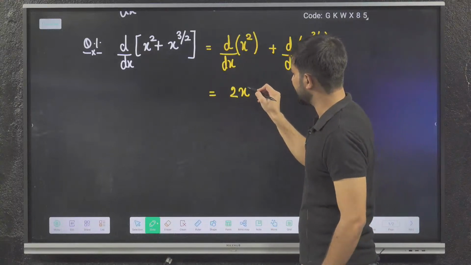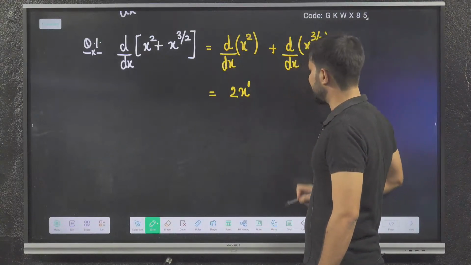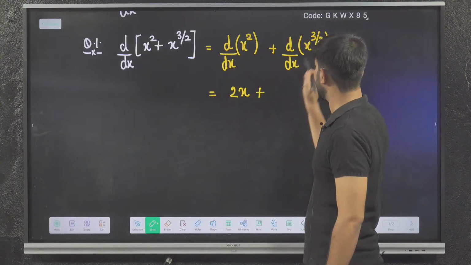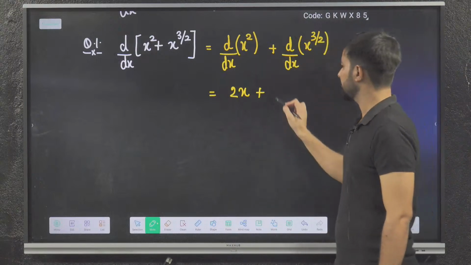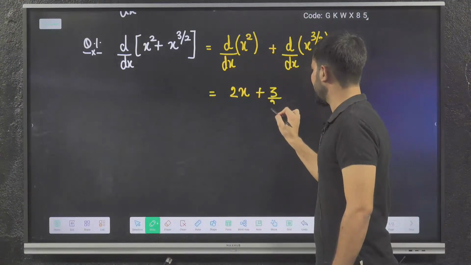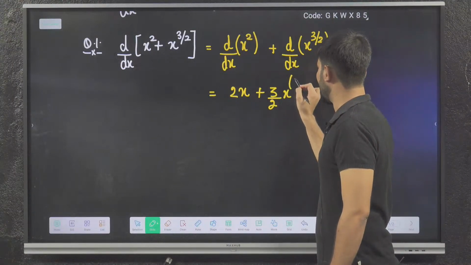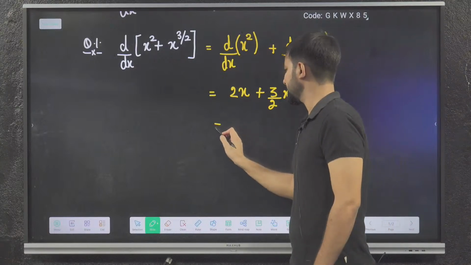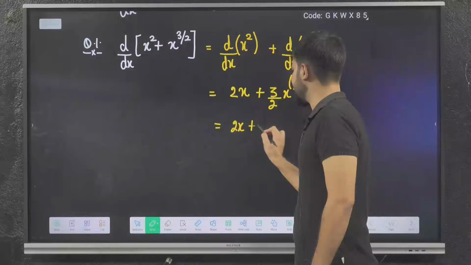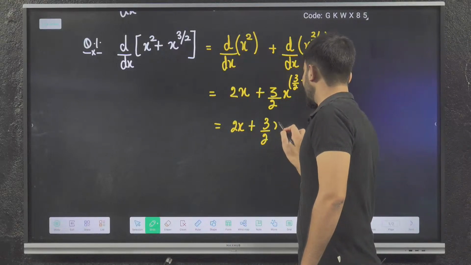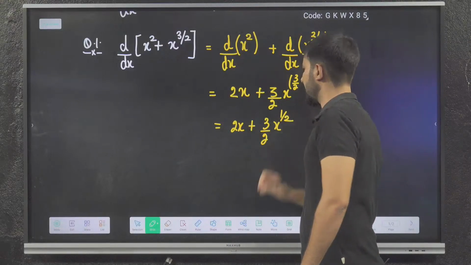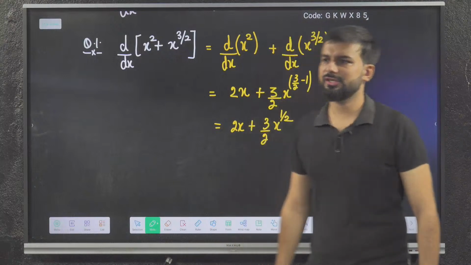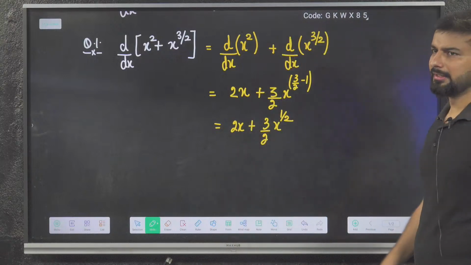So it will become 1. I'm not writing power 1. Plus here power is 3 by 2, so 3 by 2 will come forward. x, from power how much do I have to subtract? Minus 1. I hope you remember this. So the answer will become 2x plus 3 by 2 x power 1 by 2. This is the differentiation of this function, right?